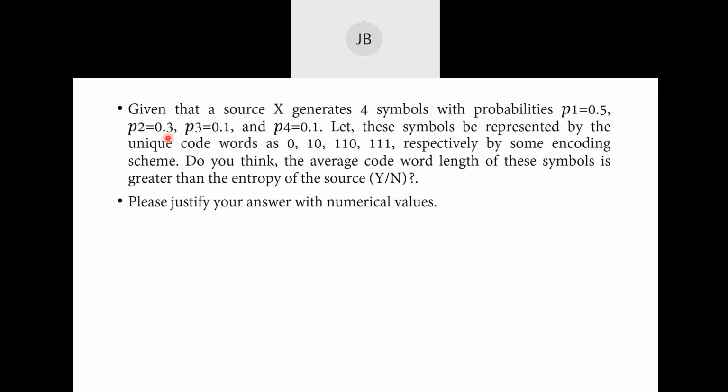That means there are four symbols with the probabilities as mentioned here. By using some encoding scheme, they were also assigned different code words as represented here. So 111 represents the fourth symbol having a probability of 0.1, and the first code word represents the first symbol having a probability of 0.5, and so on in the same order.